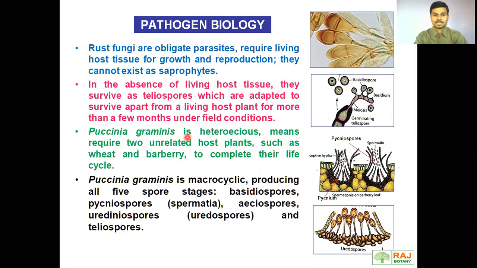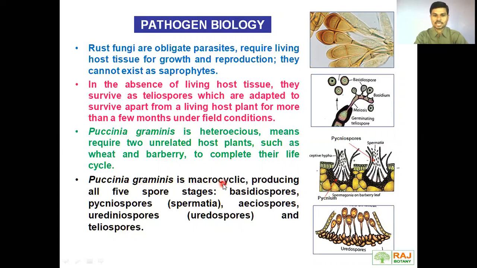Puccinia graminis is heteroecious. That means it requires two unrelated host plants, such as wheat and barberry, to complete its life cycle. The next term is macrocyclic.